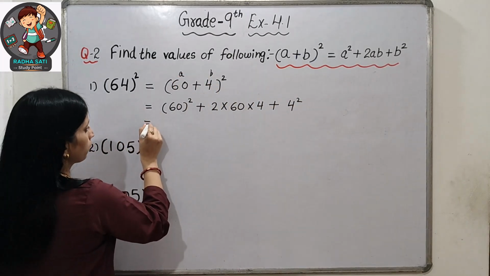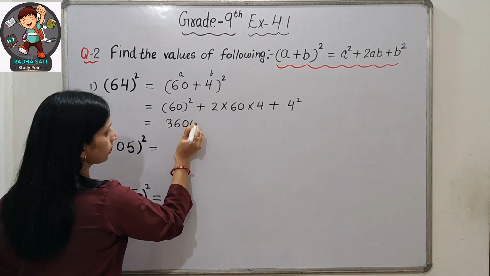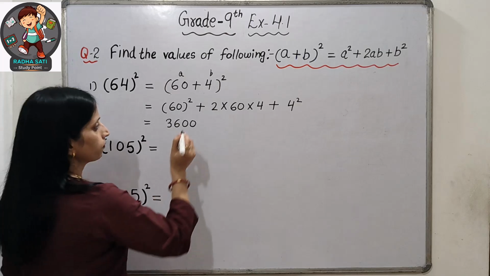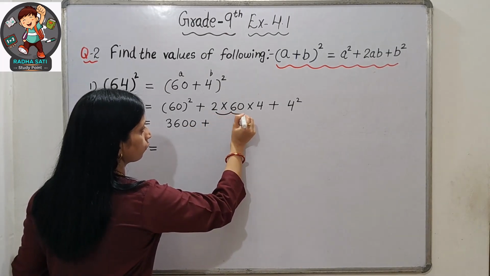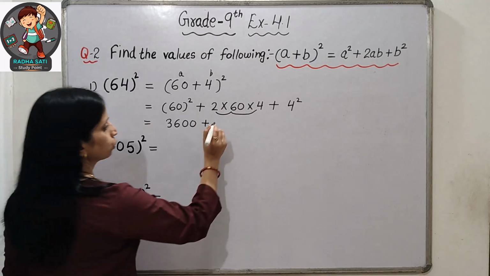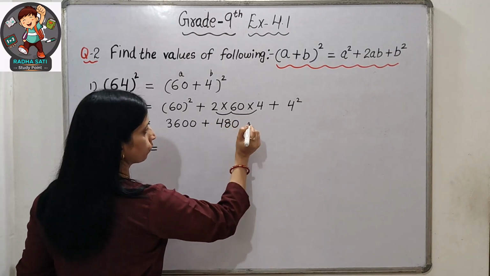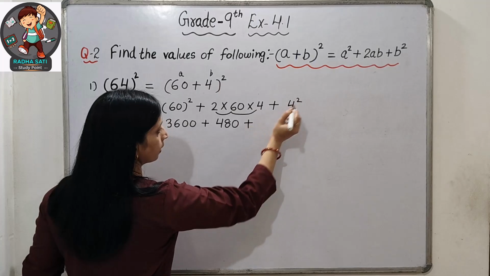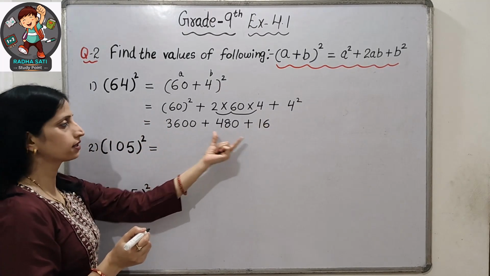Now let's further solve. It will be 3600 plus 2 6s are 12, 12 4s are 48. So what we will get? 480. There is one 0, let's put one 0, and 4 square is 16. Now we need to add these three.